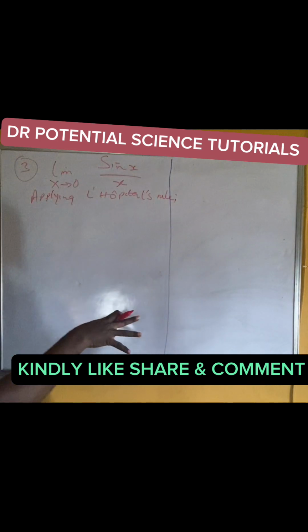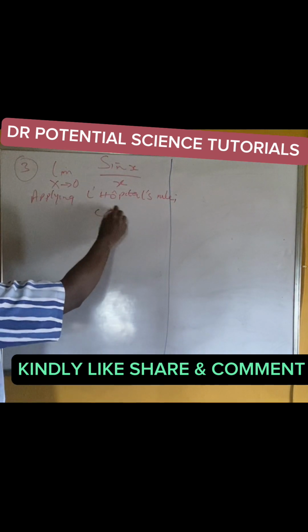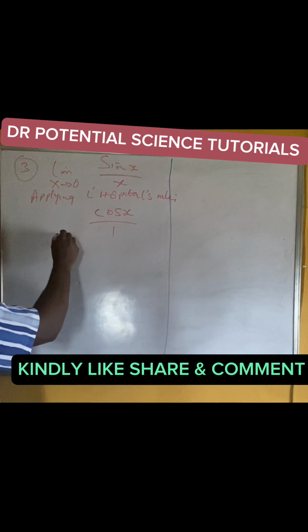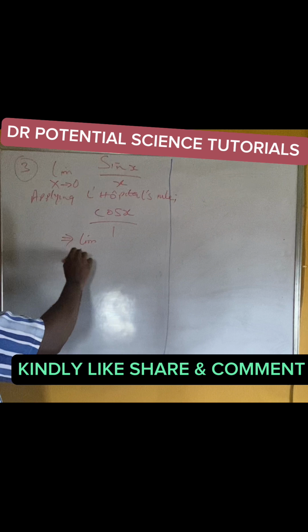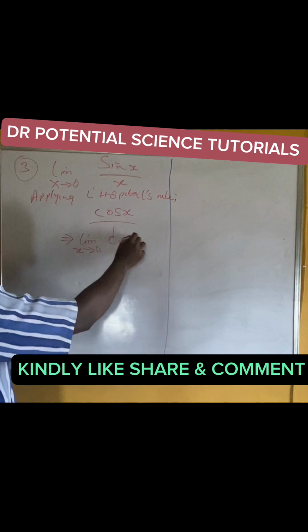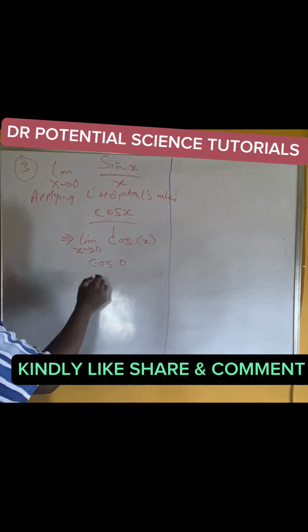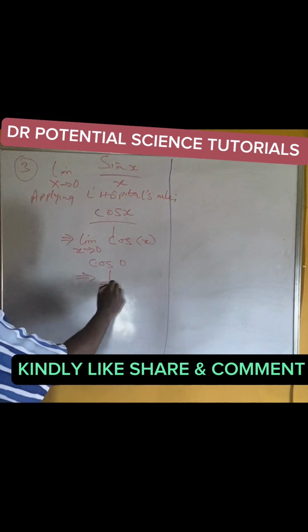Differentiate the numerator and the denominator. Differentiate sine x, you have cos x. Differentiate x, you have 1. So that gives the limit as x tends to 0 of cos x. So the final answer, cos 0. And cos 0 is what? 1.